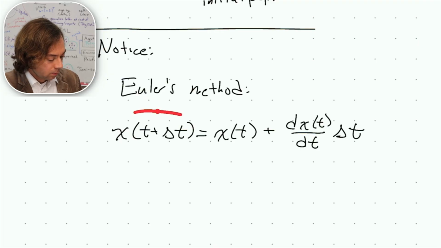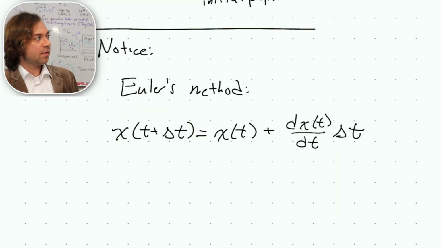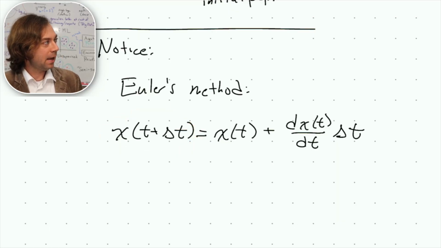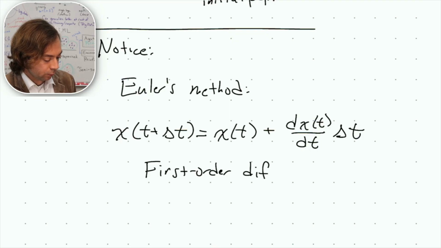Number one, it is derived using an equation where there's only one derivative. And many equations, including our pendulum, have multiple derivatives. So what we would call that is a first order differential equation.